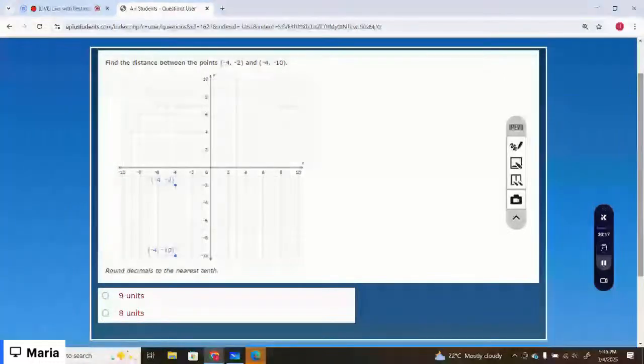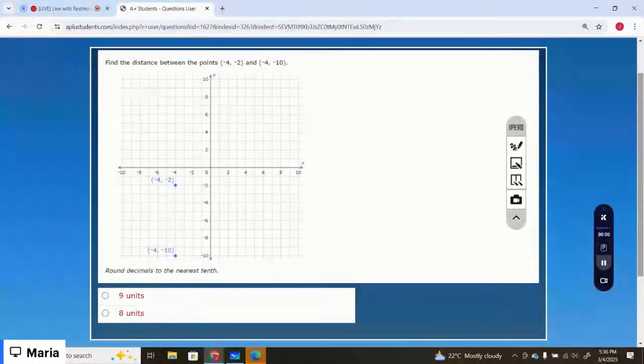Find the distance between the points -4, -2 and -4, -10. Eight units.